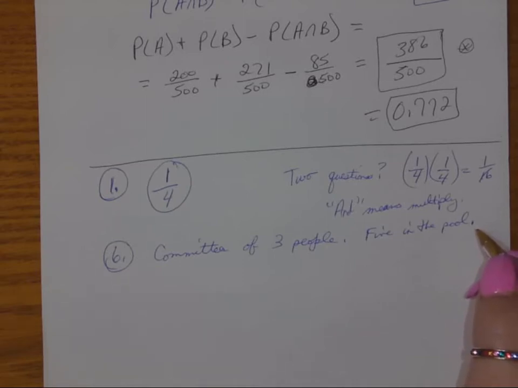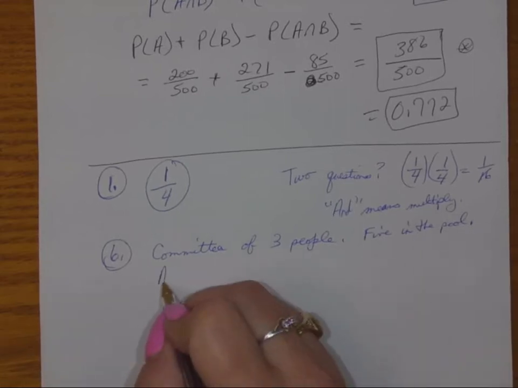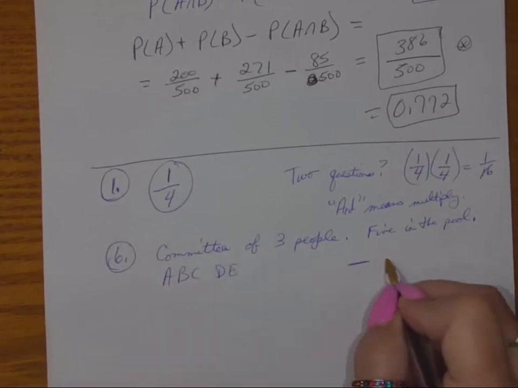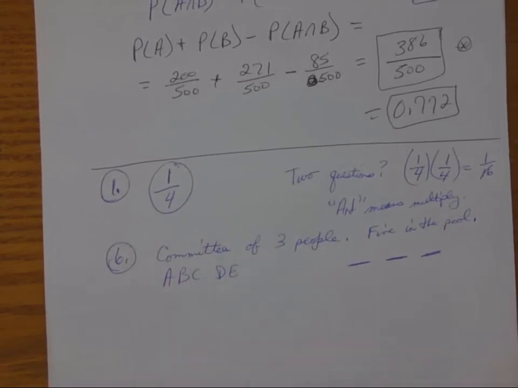Without replacement from the group of 5 people using the letters A, B, C, D, E to represent the 5 people. List the possible samples of size 3 and use your list to determine the probability that C is included in the sample. Okay, and there's a hint. Okay, so here are my people, A, B, C, D, E, and I want 3 slots, right?